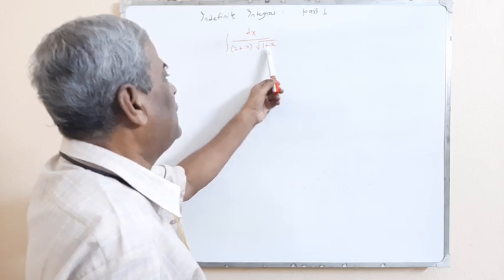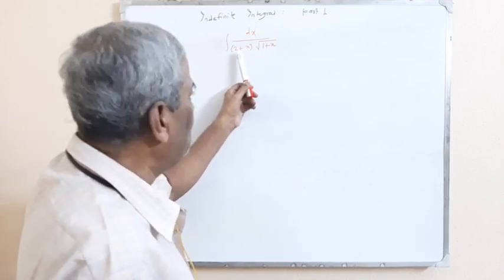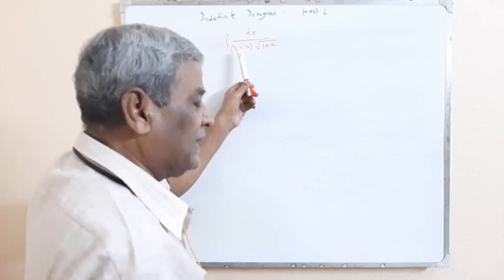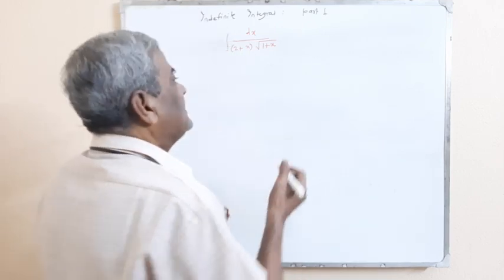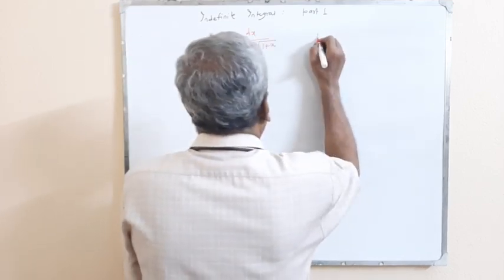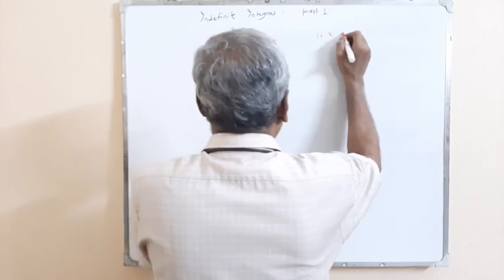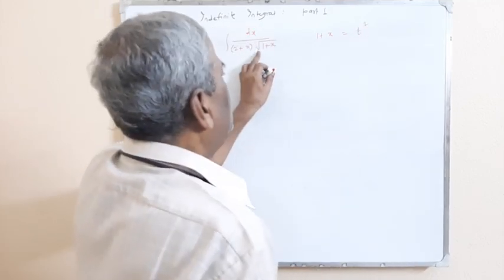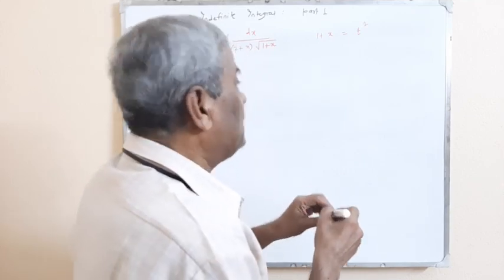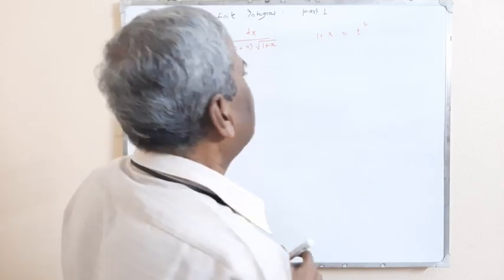One is within square root and the other is not within square root, it is simply a linear one. In that case you have to take the factor within square root, 1 plus x, equal to t square or z square, because square root is there, so it will be more simple. You can take t also.